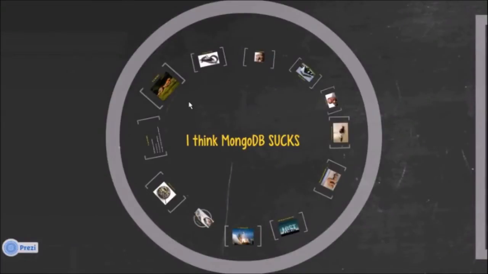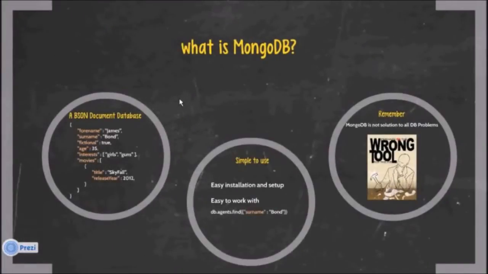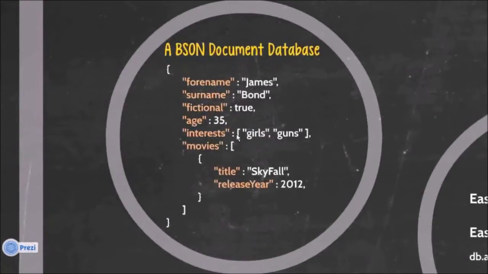But before jumping to this conclusion, I think we should first understand what MongoDB is. MongoDB is a document database. It means MongoDB stores information in the form of a document.